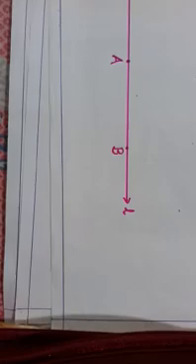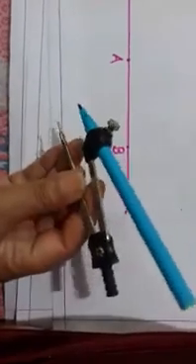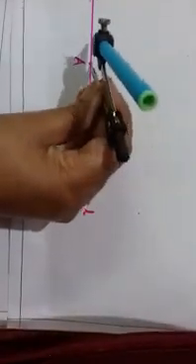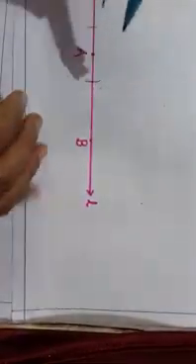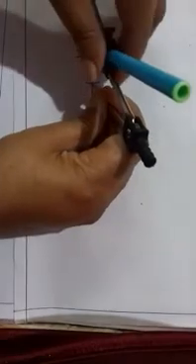How to draw a perpendicular? You know, first of all you have to take a compass, and from A let us take some distance. You can take some distance over here and draw arcs, same distance to this side, and now take that distance more than half.